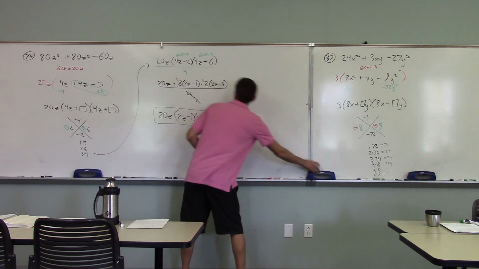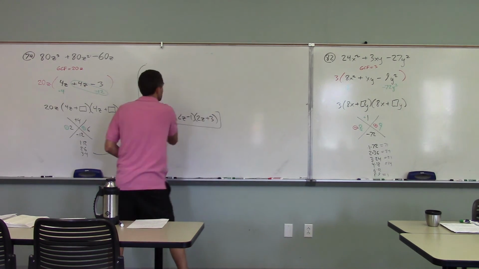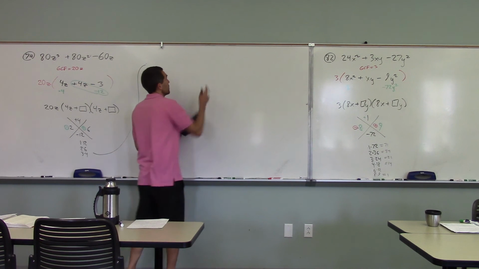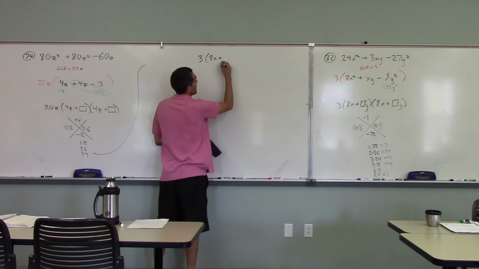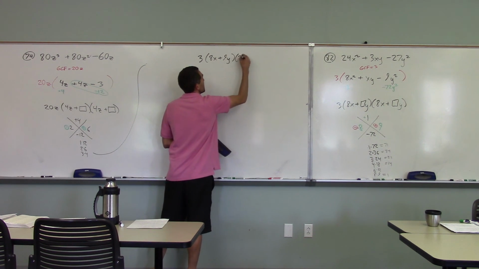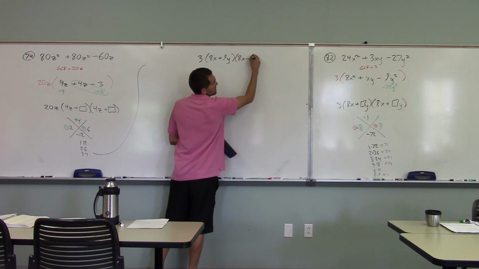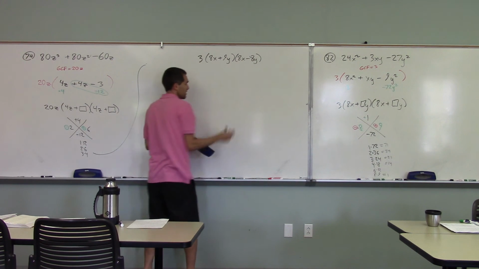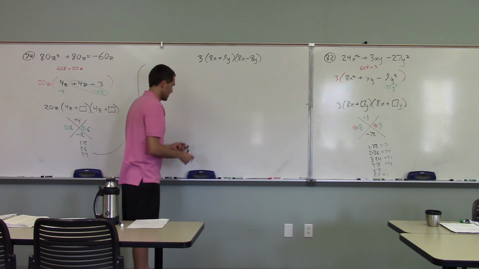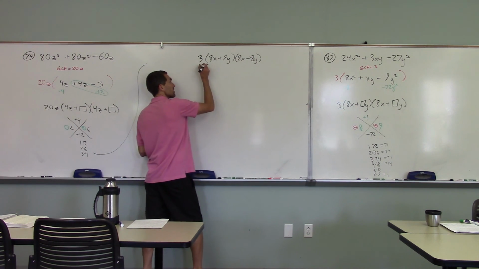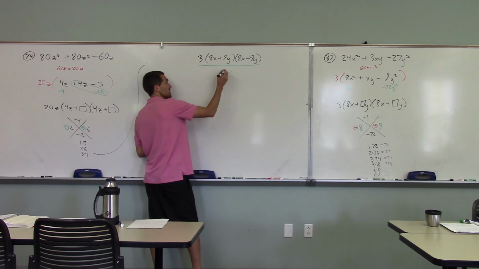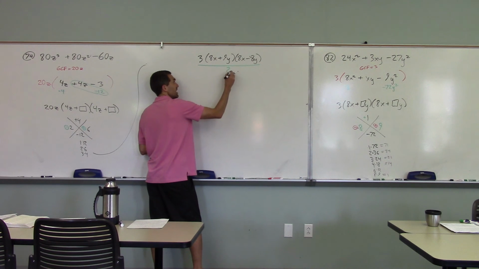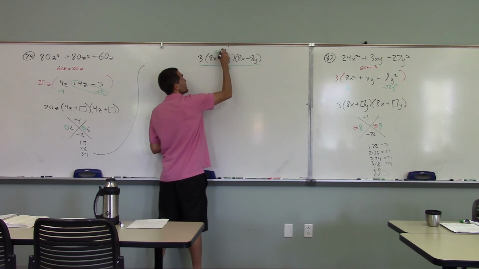So we have 3 times 8x plus 9y, and 8x minus 8y. And then the last step is always to take out the GCF. What are we going to divide by? 8. Yeah, so we take out the GCF.